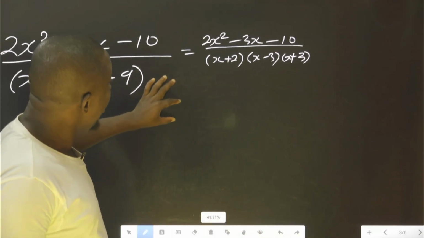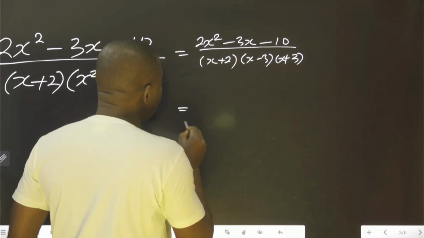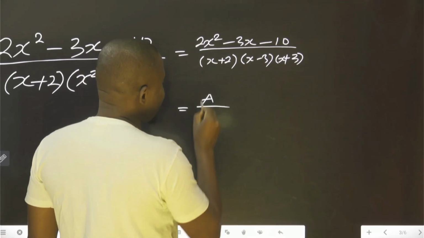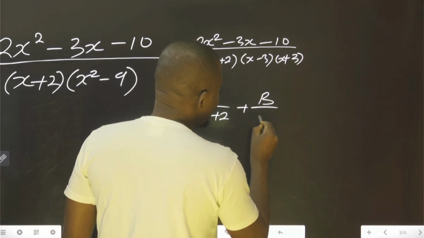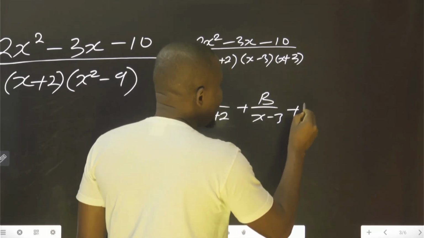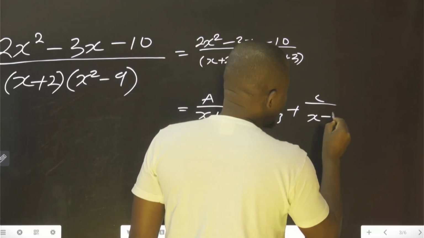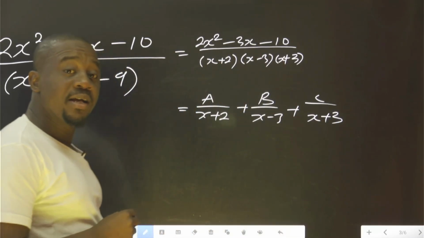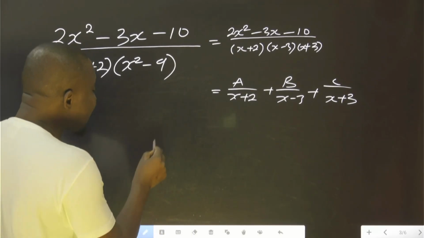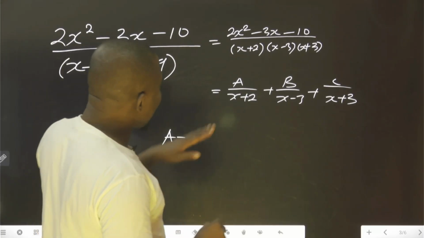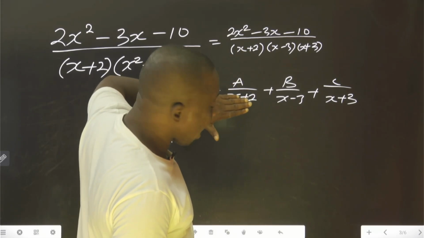Okay? Now, all we need to do, this is equal to a over this plus b over this plus c over this. Once we are here now, we use the cover-up method. To get a, we cover this one here, that is s plus 2.